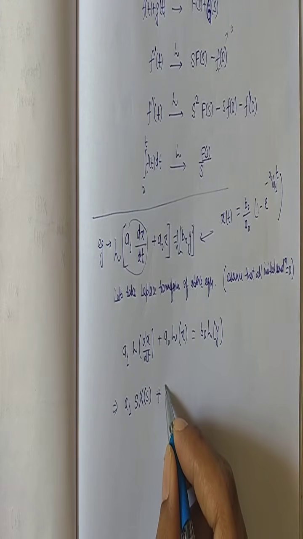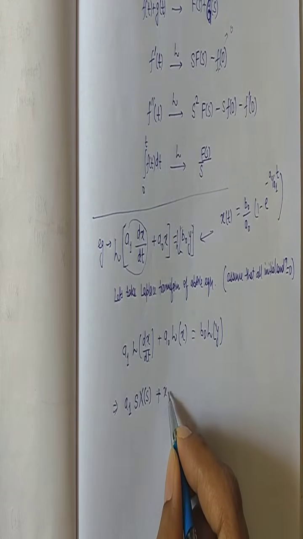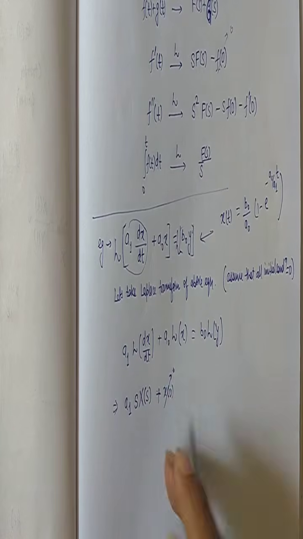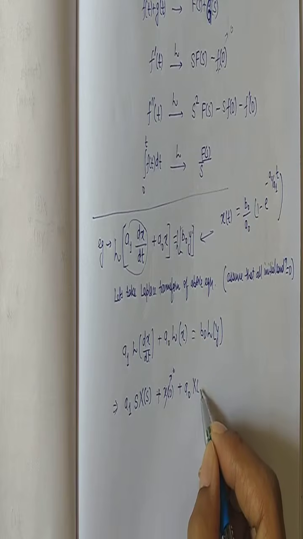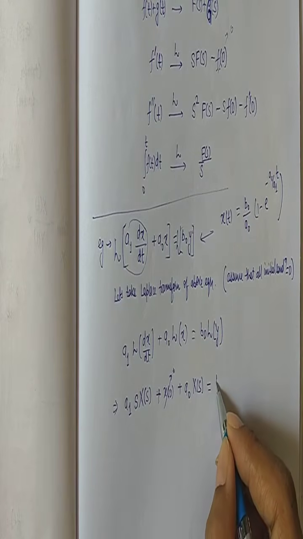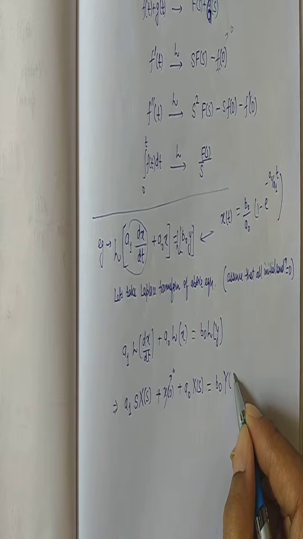So x(0), we set this to be 0 because of the initial condition, plus a0 X(s) is equal to b0 Y(s), capital Y.